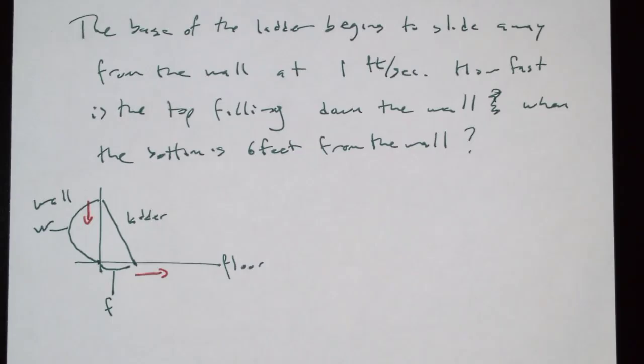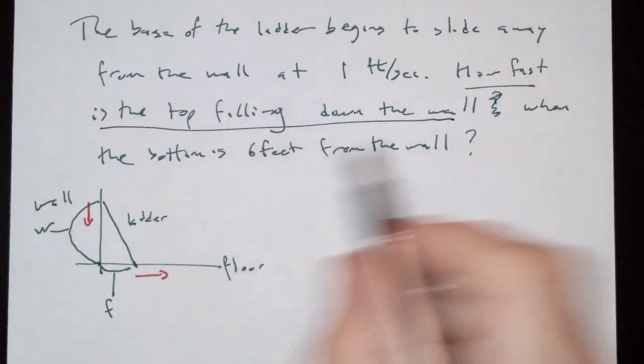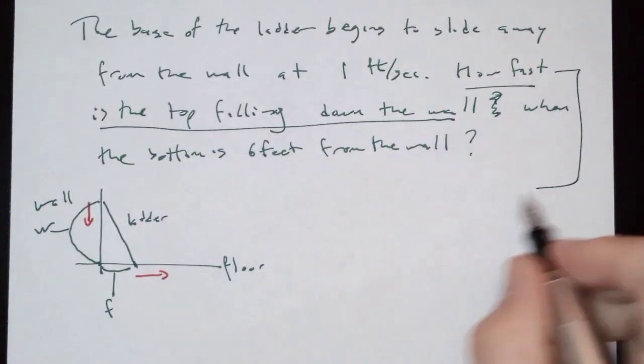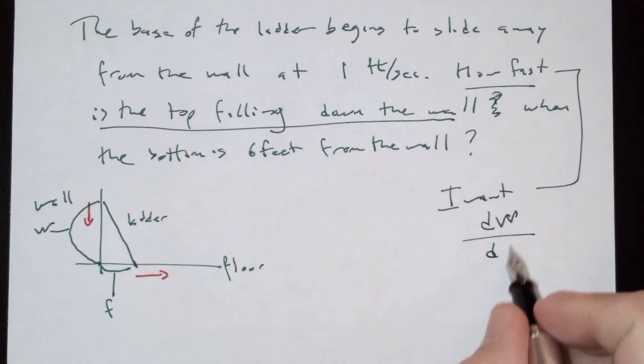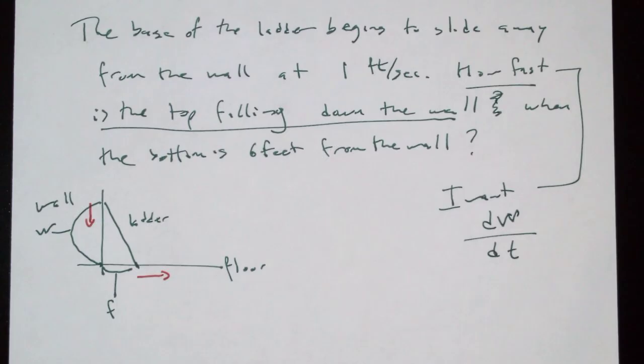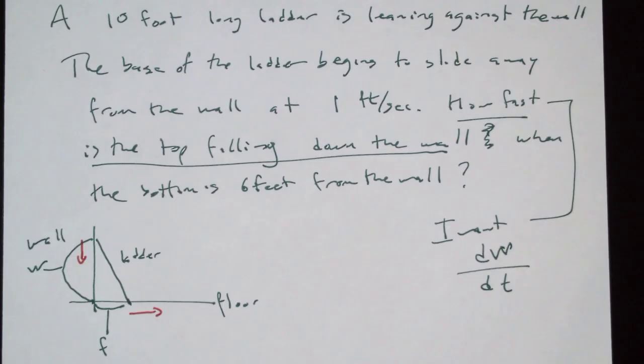Which means I'm looking at the change in W. So this piece right here, that tells me I want the change in W. There are three other pieces of information up here that will probably be helpful. I've got three other numbers. Hopefully they all come into use. Nothing's thrown up here as a red herring.